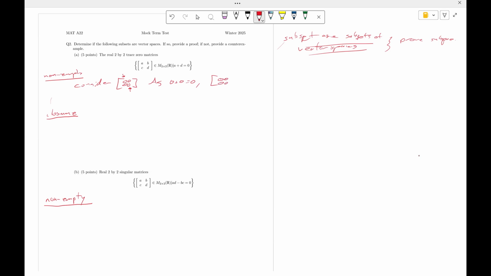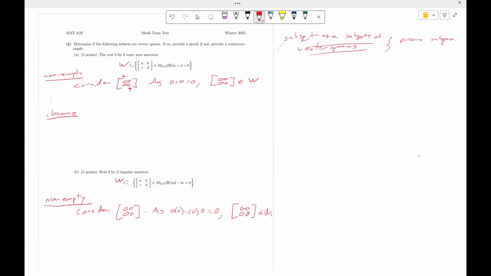The matrix 0, 0, 0, 0 is in, and I'm going to label this W, is in W. And if we look at W1, to show non-empty, we consider 0, 0, 0, 0 as 0 times 0 minus 0 times 0 equals 0. This matrix is in W1. So both of them have the 0 vector. So we've got non-empty, but what about closure?